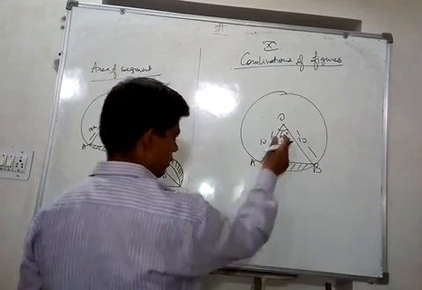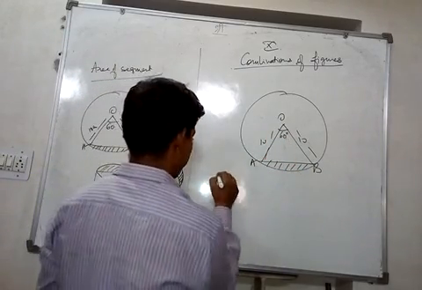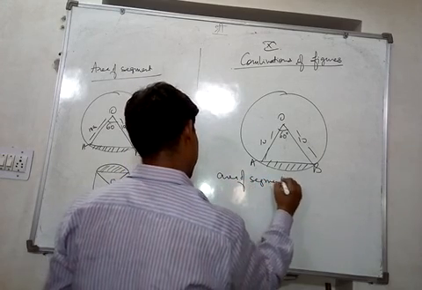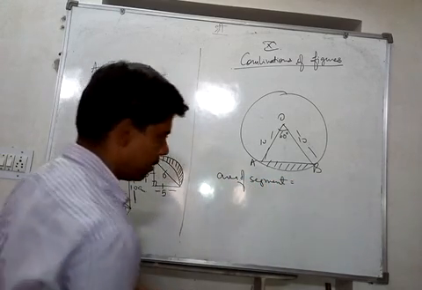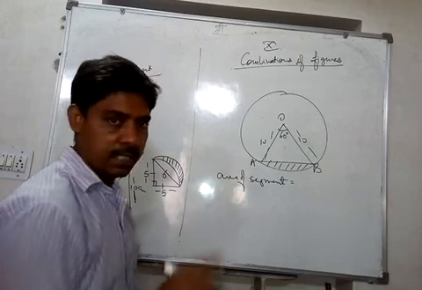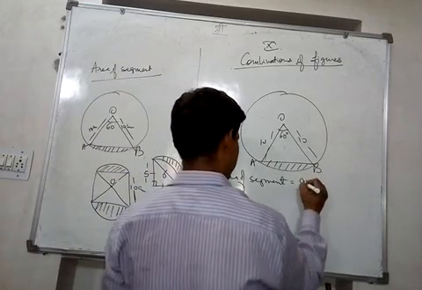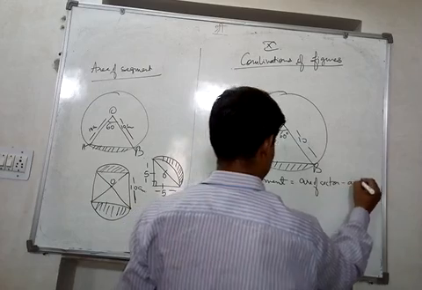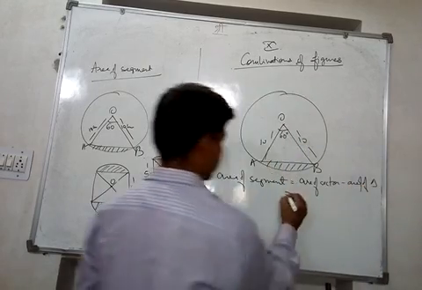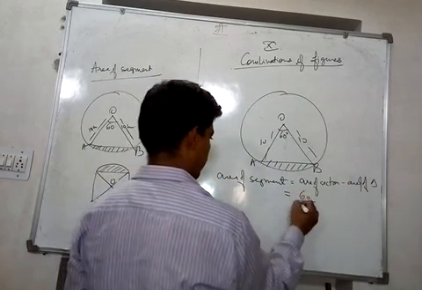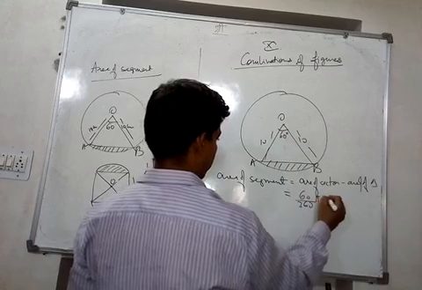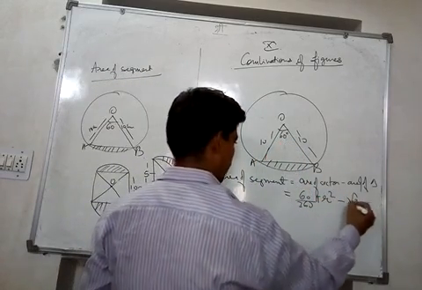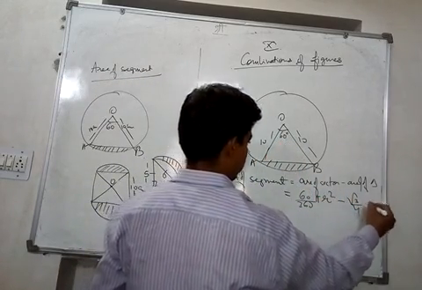Directly we can apply the formula for 60 degrees. Area of segment is area of sector minus area of triangle. Now what is the sector? Theta by 360 pi r square, minus, for 60 degrees the answer is very simple, it is an equilateral triangle, root 3 by 4 r square.